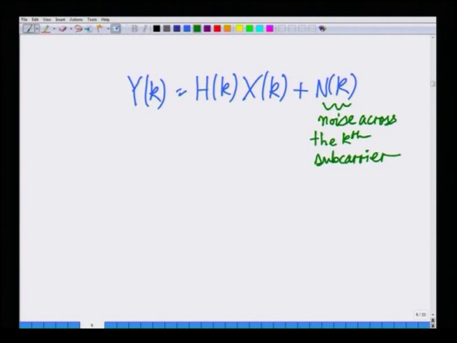Remember, we have to employ some detection scheme because hk distorts the phase of xk. So one simple scheme is to simply divide yk by hk, similar to the zero forcing receiver that we have already seen.